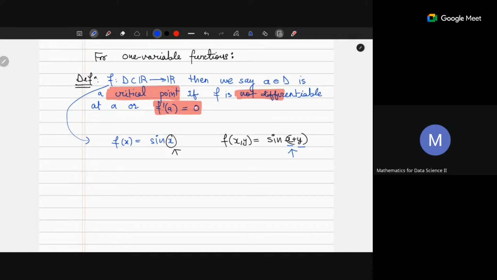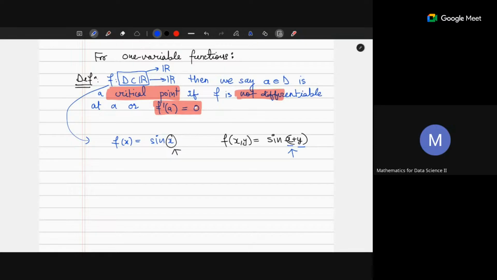It is a two variable function because it involves two variables. And most importantly, I'm referring to these functions as one variable because of the domain. Look at the domain. Domain is a subset of R. R is just a one-dimensional space. That's why functions whose domain is one dimensional are called one variable functions.